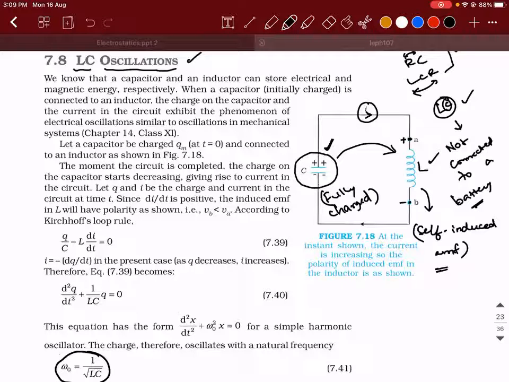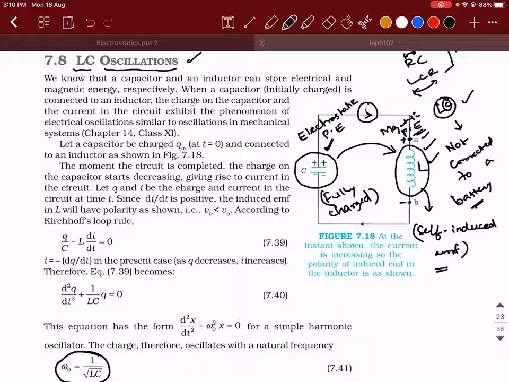So when self-induced EMF is there, can I say that the inductor, which initially had no energy stored in it, is starting to gain some energy within itself? So what exactly is happening? Initially, you had energy in the form of electrostatic potential energy. And due to the discharge of this capacitor, the inductor is gaining some magnetic potential energy.